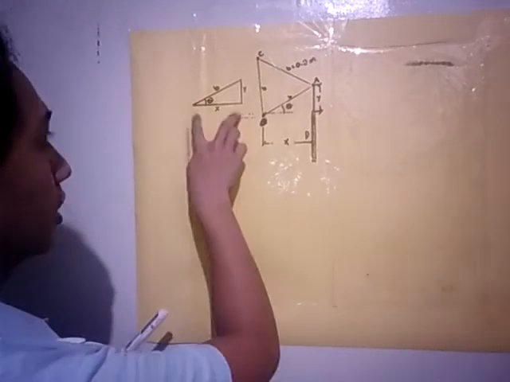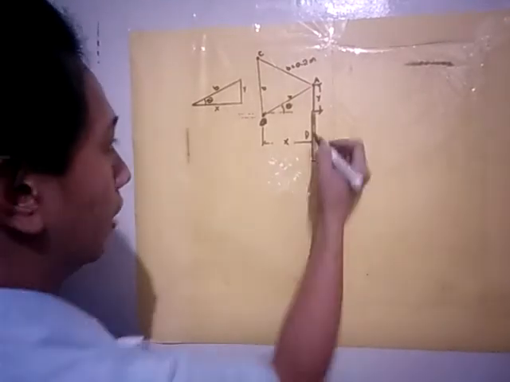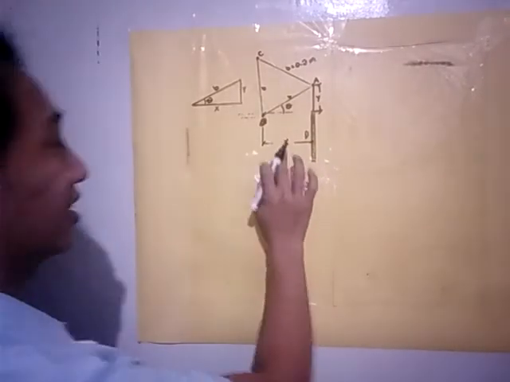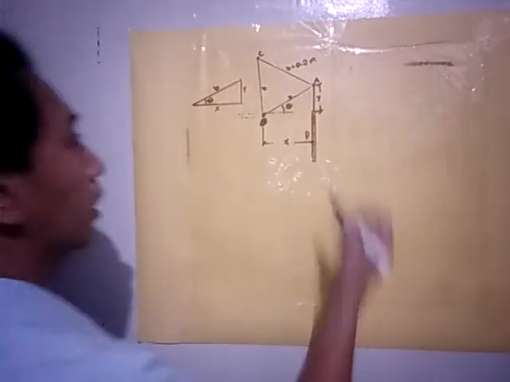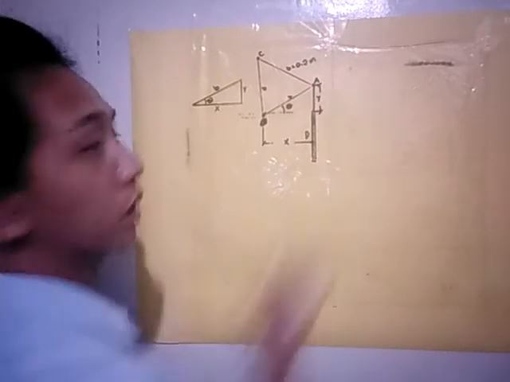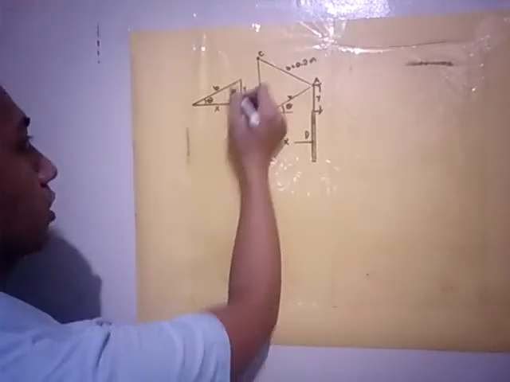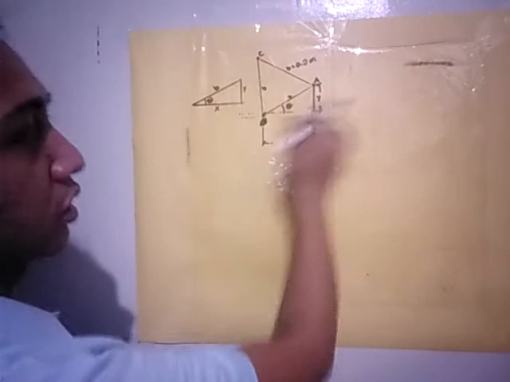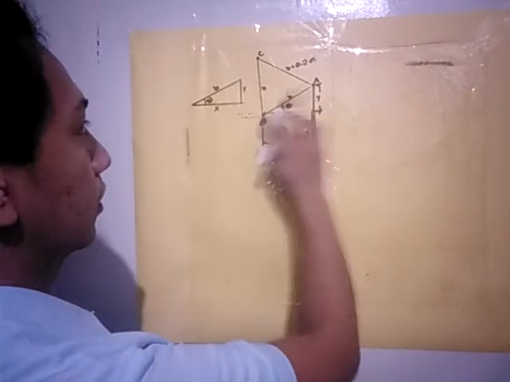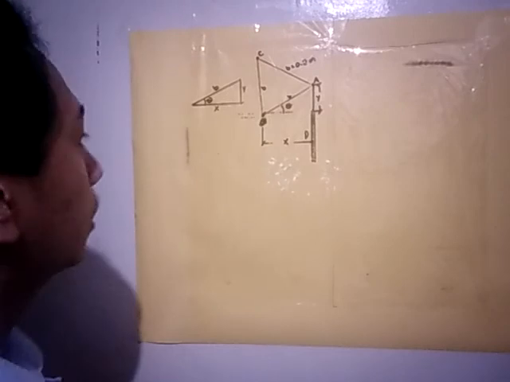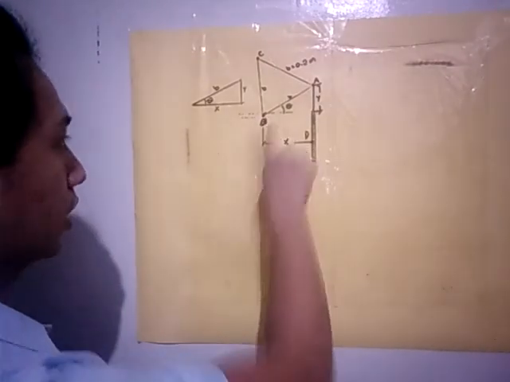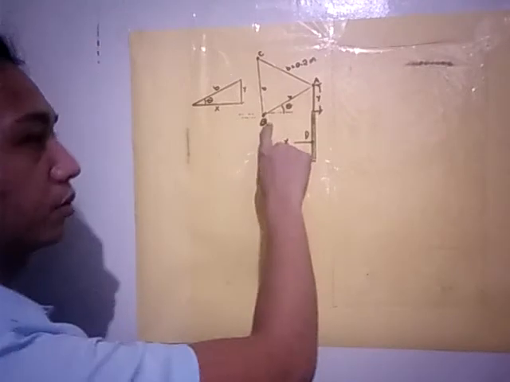Then our x is this one, the distance from here to here, and our y is this one. So this triangle is literally this triangle, and we consider it for us to know the velocity and acceleration at this point.